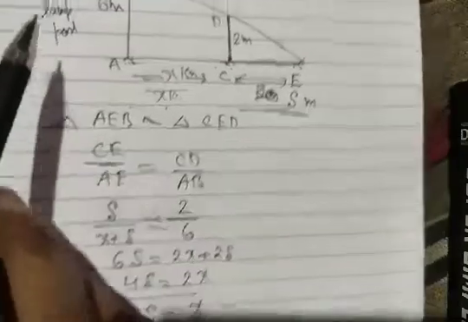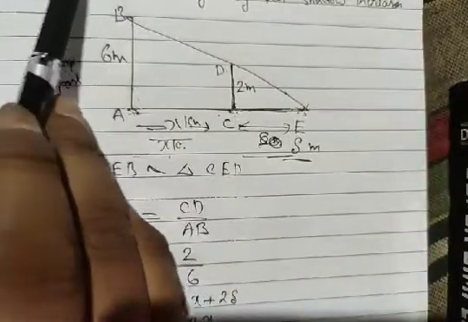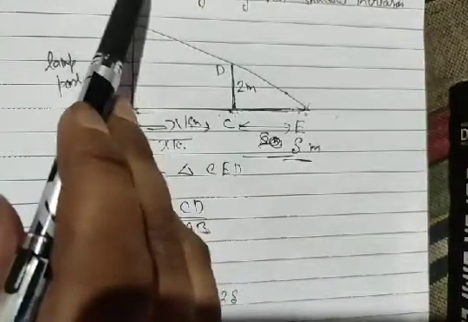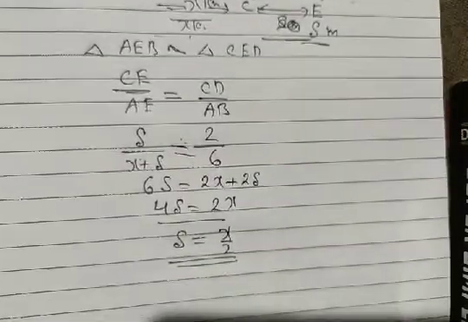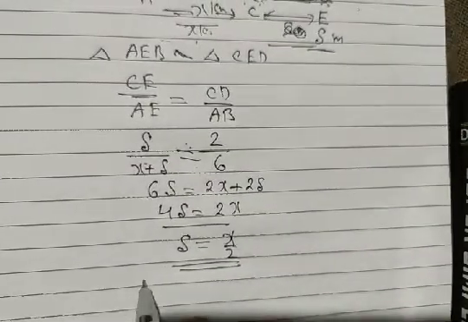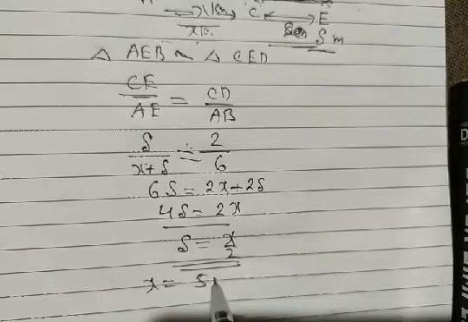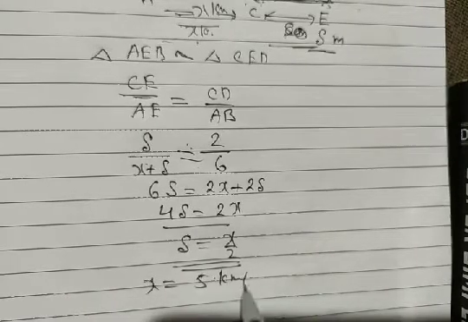Now it's given that the speed of our man is 5 km per hour, so dx/dt is 5 km per hour, which means 5000 meters per hour.